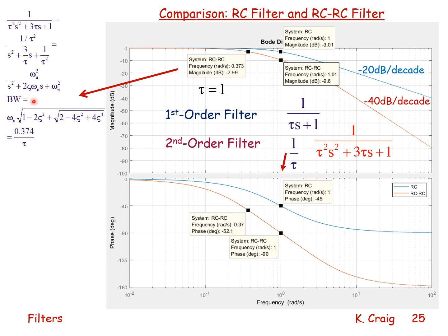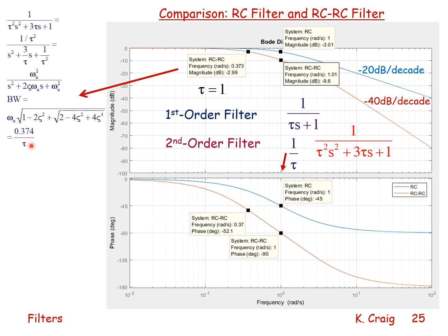And then the expression for the bandwidth for a second-order system is given by this rather complicated expression. But just to show you that we can predict this, if I substitute in omega n and zeta obtained by comparing these two forms, into this formula, I get 0.374 over tau for my bandwidth.